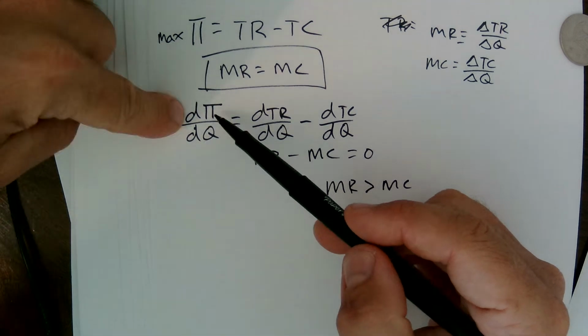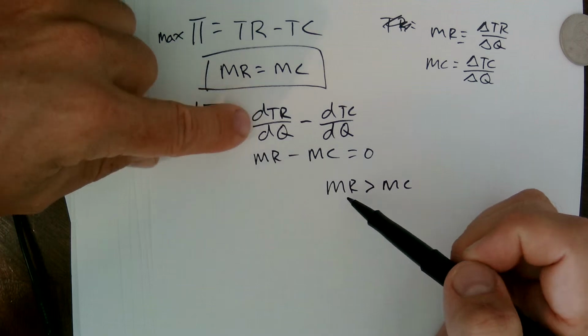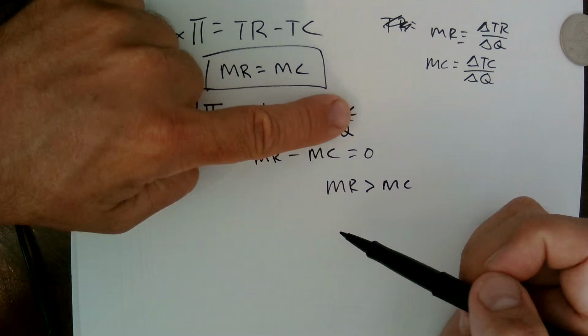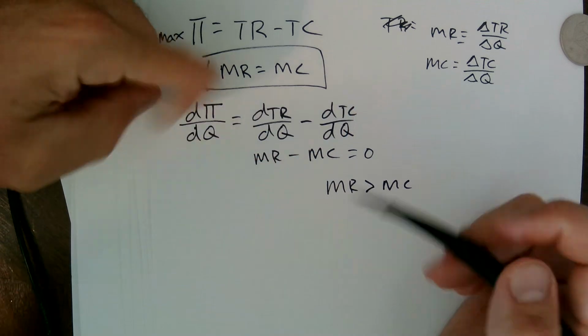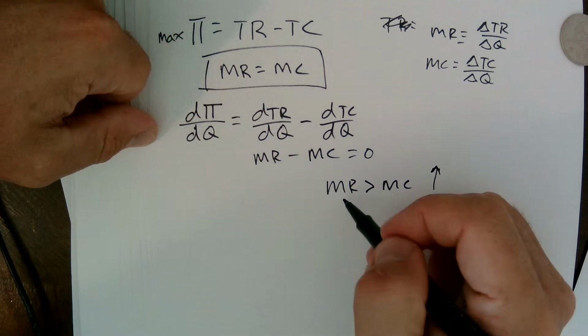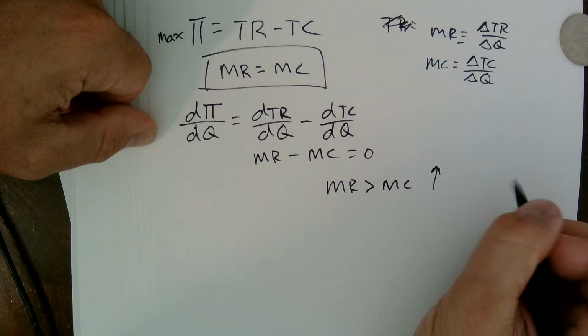Look, if the revenue changes more than the cost, how do you think profits change? Well, profits must go up then, right? And because revenue is increasing in quantity, the obvious solution is to produce more.